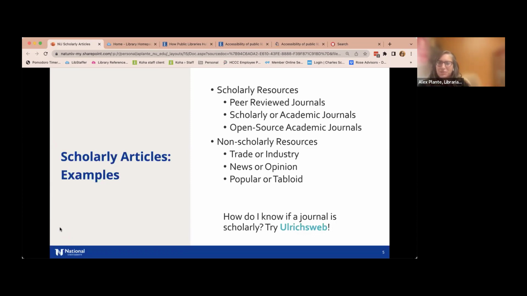But those are the lowest level of resource. They are not going to be used, at least in most cases. I can think of some reasons why you might use them in a dissertation, but probably not for the reasons you're thinking of. So if we're thinking of a pyramid of information, peer review is all the way at the top, and all the way at the bottom of the pyramid is your popular or your tabloids.